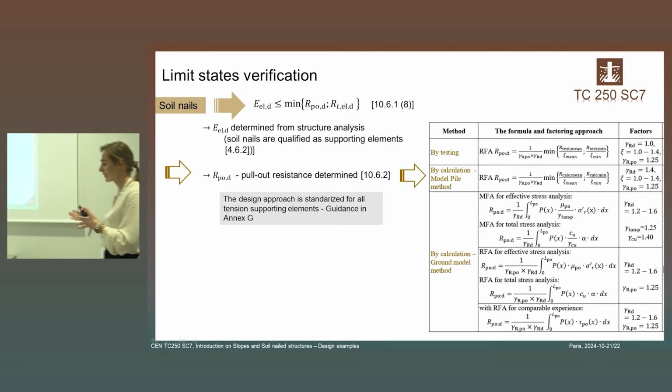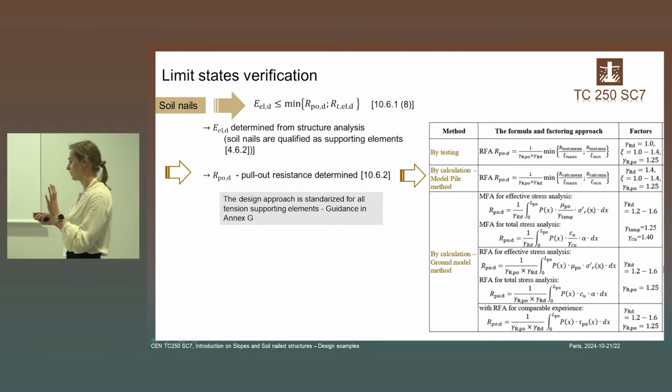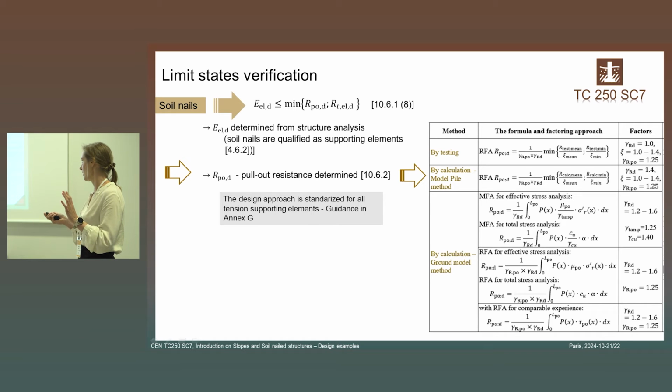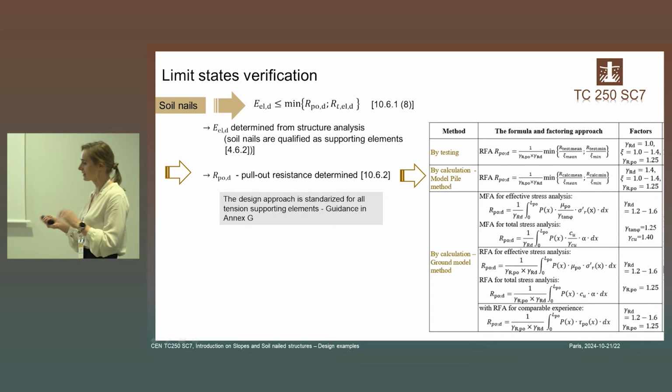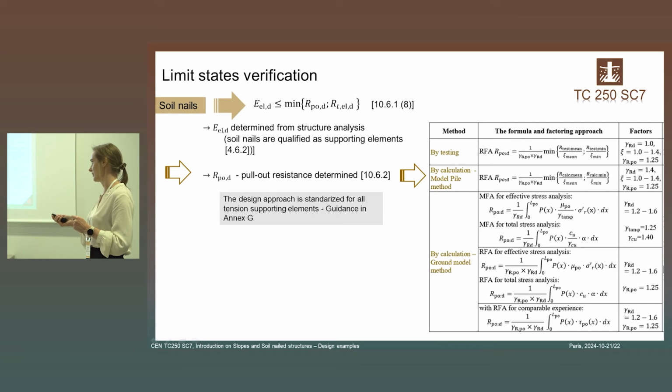In the limit states verification, obviously, for soil nails, we have to check the design effect of actions, which comes from this check according to the rules for supporting elements, against the pull-out resistance or the structural resistance of the soil nails.